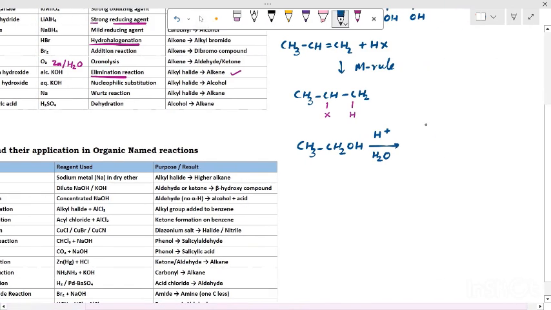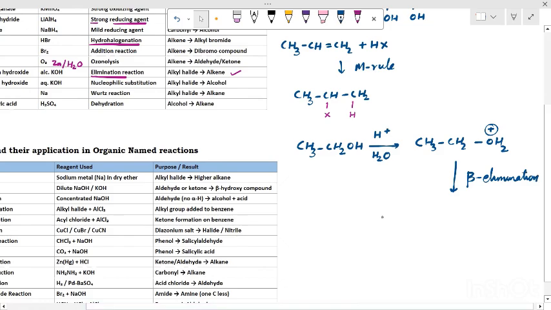The first step is protonation, that is CH3CH2OH2 plus, proton addition. And further, it undergo beta elimination to form alkene as the major product.